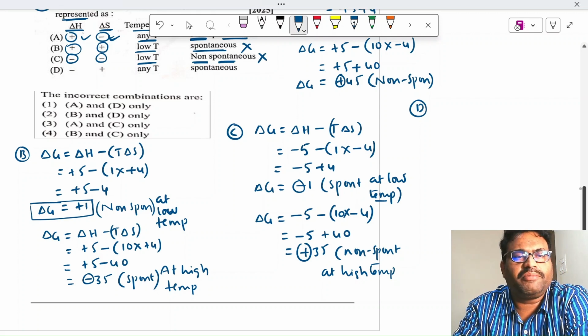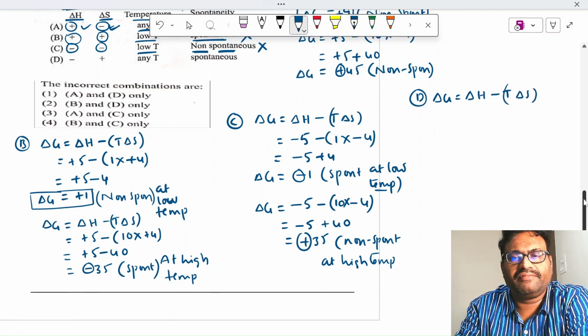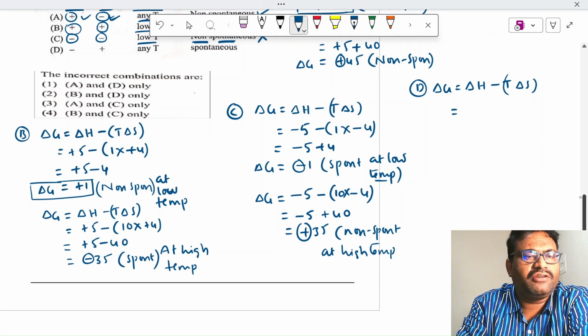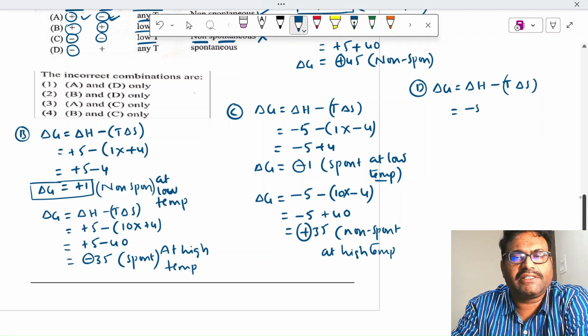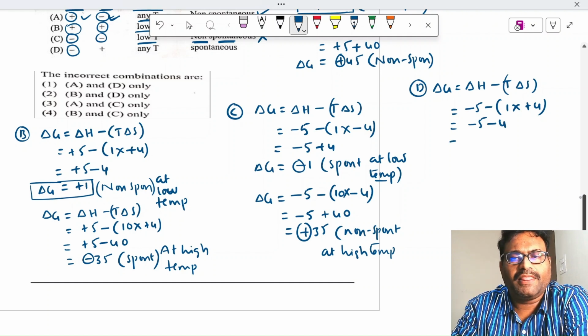Right? Coming to delta G is equal to delta H minus T delta S. Again, the conditions are of the fourth option: minus 5 minus 1 into plus 4, that is equal to minus 5 minus 4, that is equal to minus 9.